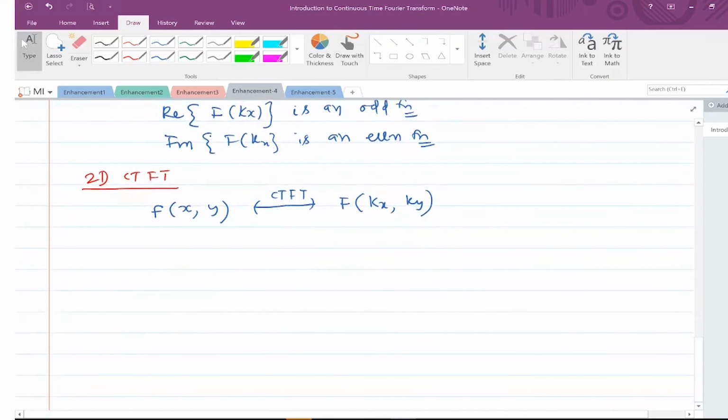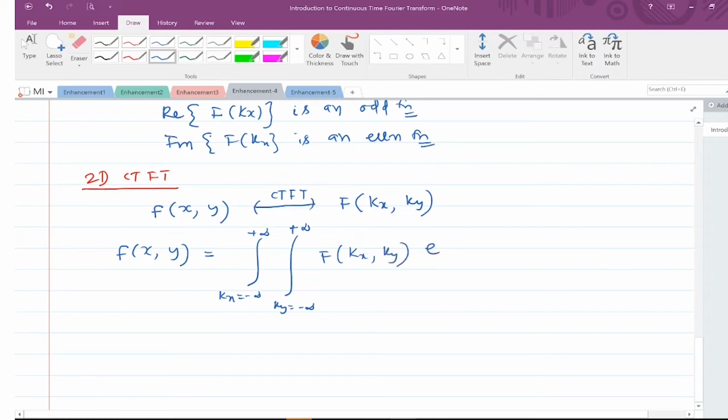Now how do you write f of x y in terms of the other? f of x y equals, kx is varying from minus infinity to plus infinity.